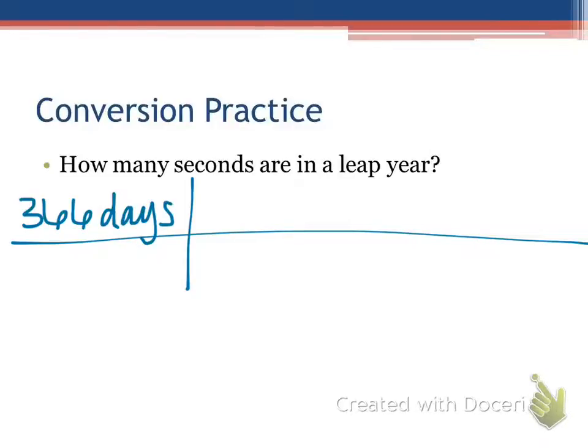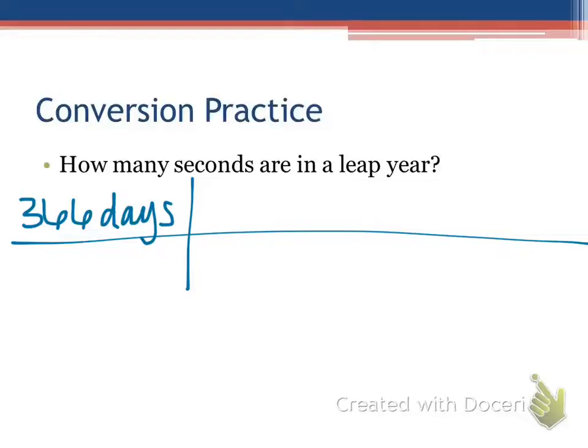So, I want my final answer to be in what unit? Seconds. So if I want to go from days, which is my beginning unit, to seconds, what's my logical approach to do that? Days to hours to seconds. You could go minutes to seconds, but you can go hours to seconds also, and we'll talk about that. We'll do all of them right now.